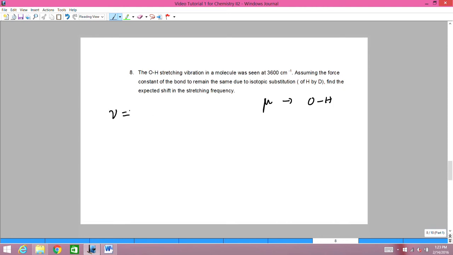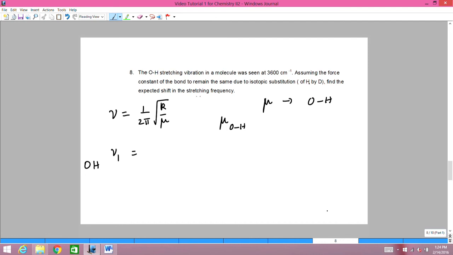So, if you write nu as 1 by 2 pi square root of k by mu, this mu corresponds to mu of OH. Assuming that the force constant of the bond remains the same due to isotopic substitution of H by D. So, let us call this nu 1 corresponding to OH.